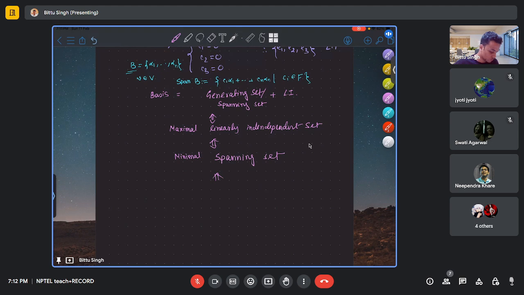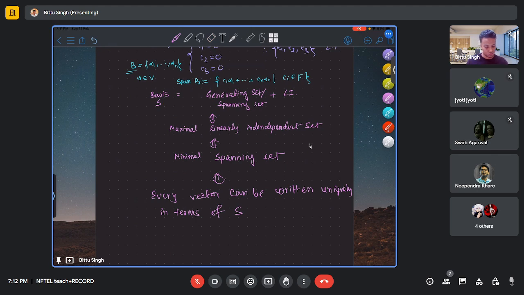And this is equivalent to saying that every vector can be written uniquely in terms of the basis set, that is S. Suppose we are saying S is a basis.